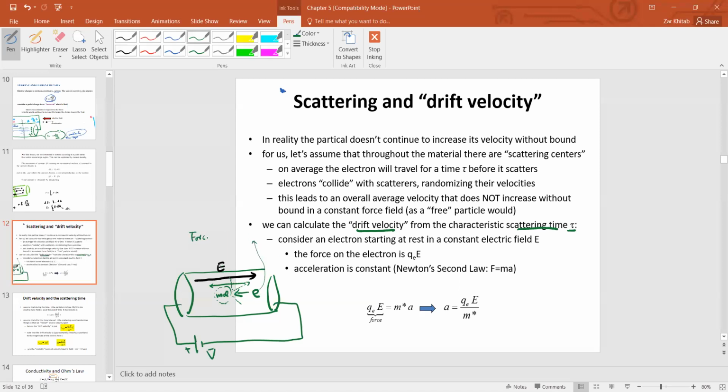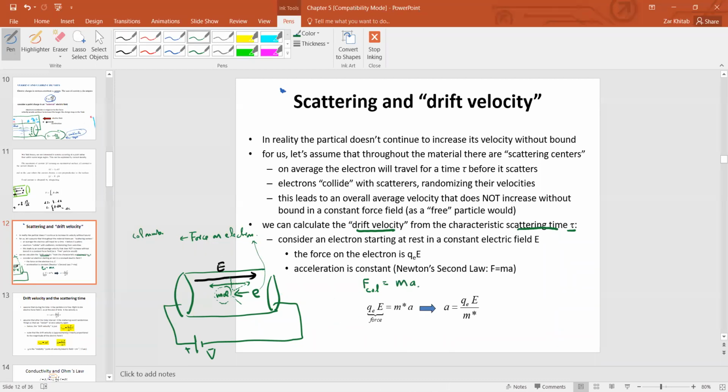That force is the Coulomb force. This Coulomb force is going to create acceleration in the electron.